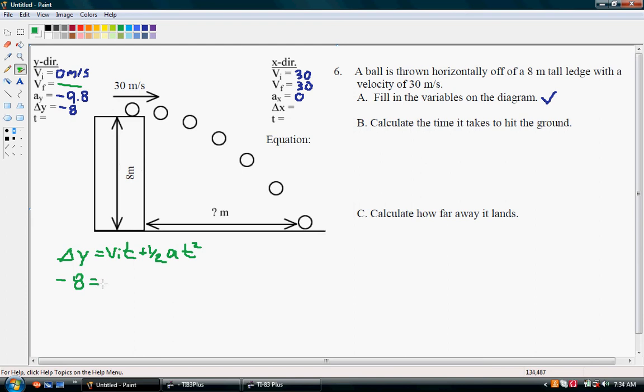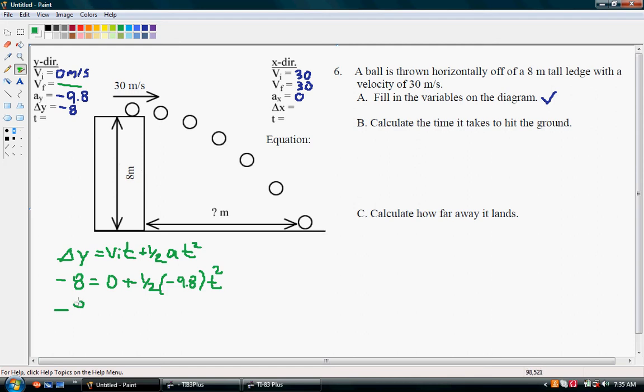Our initial velocity is 0, and 0 times time is still 0. 0 times anything is 0. Plus 1/2 negative 9.8 t squared. When you multiply 1/2 and negative 9.8 together, you're going to get negative 4.9.